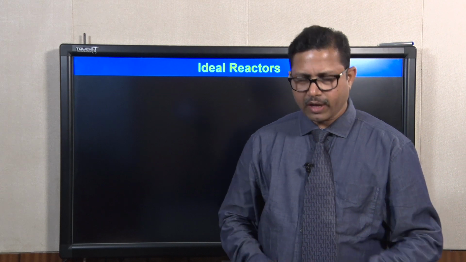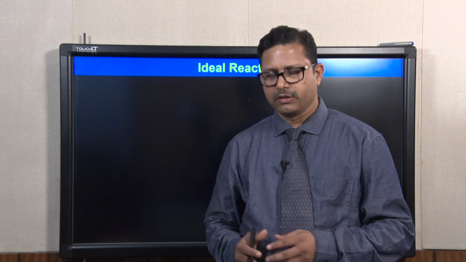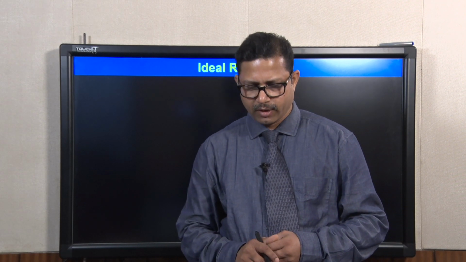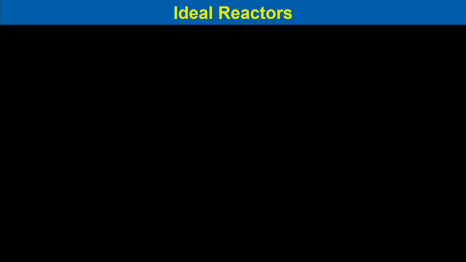In general, there are three ideal reactors which we generally consider in chemical reaction engineering. One of them is the batch reactor, so you have a tank and you have a stirrer or impeller fitted into it.